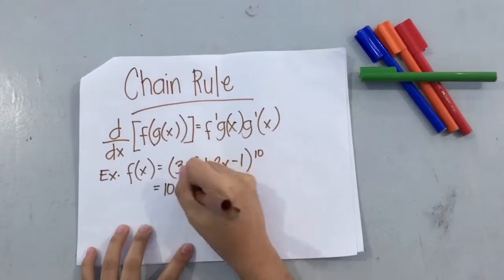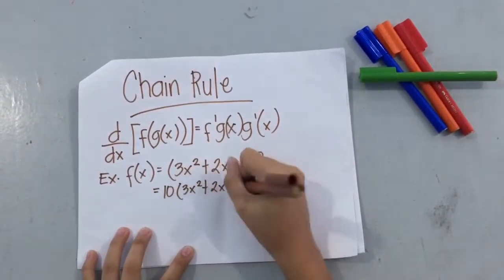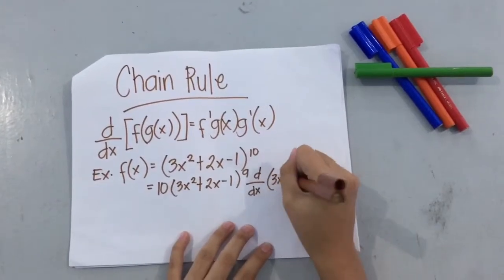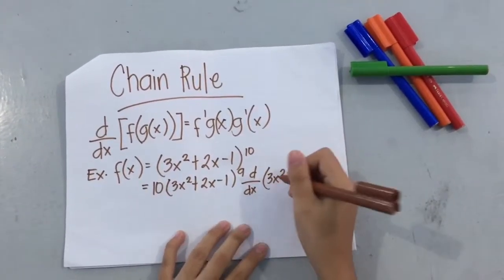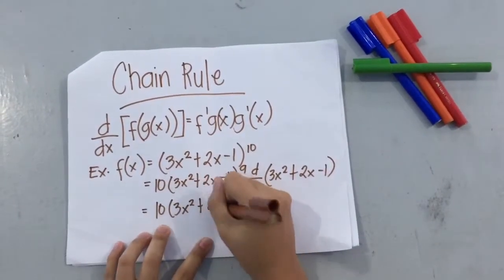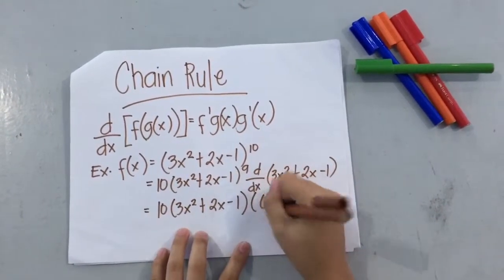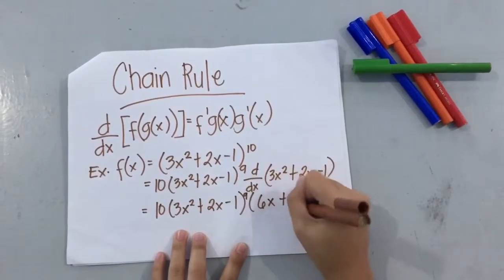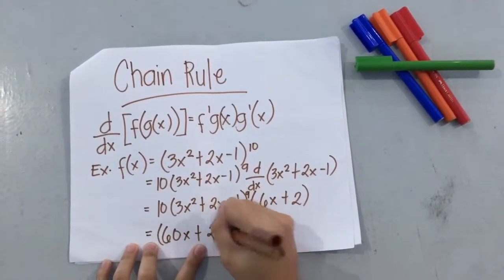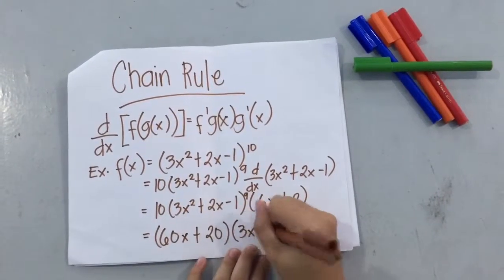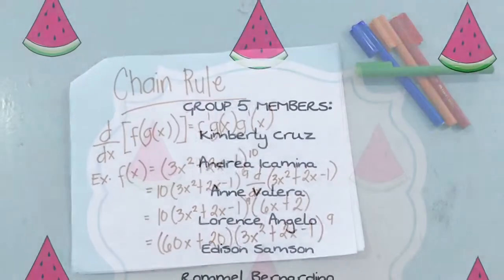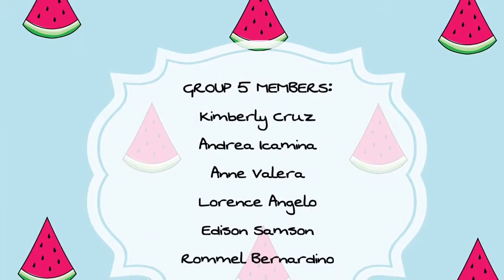Put 10 before the given raised to the 10th power minus 1. Multiply by the derivative of the given. 10 times the quantity 3x squared plus 2x minus 1 raised to the 9th power, times 6x plus 2. Multiply 10 by 6x plus 2 so it will become 60x plus 20. Then copy the given raised to the 9th power and that will be your final answer.